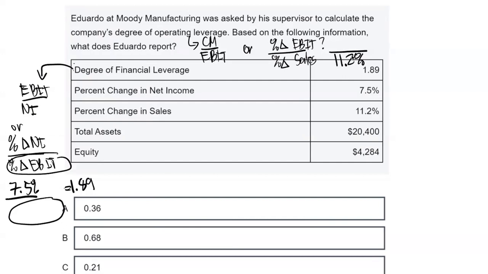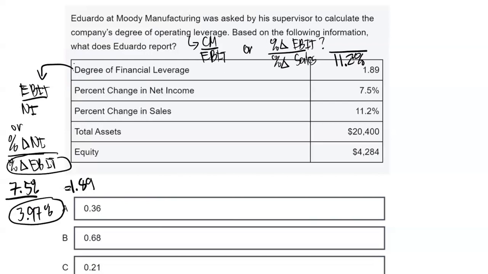When the top is missing, you divide. In this case, we divide 7.5 by 1.89. That would be 3.97%. So that when you divide it, as I've mentioned, 7.5 divided by 3.97, that would be 1.89. Got it?